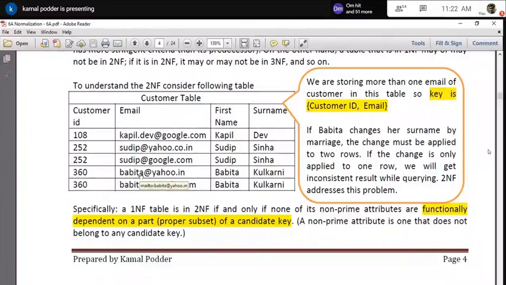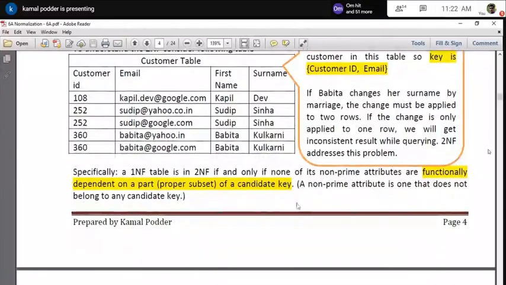Now just try to understand what type of problem can occur here. Like here, you have updated the record of Babita. Babita Kulkarni is her surname, and after her marriage she has changed the surname. Now you have to change both.